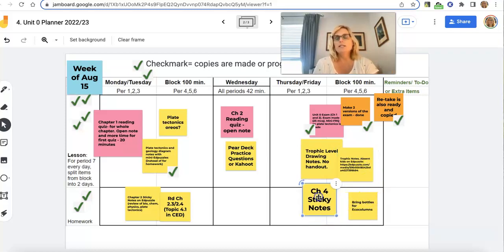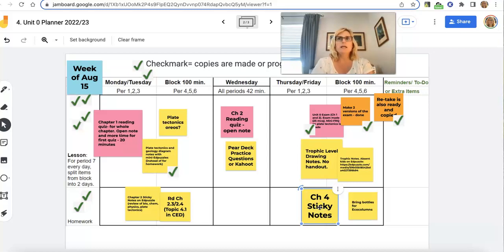All right, so here you can see I have sticky notes lecture before reading quizzes. I used to do it the other way where I had them do reading assignments before note assignments.